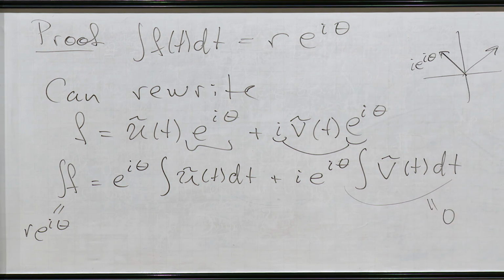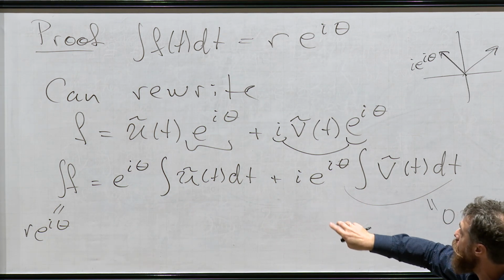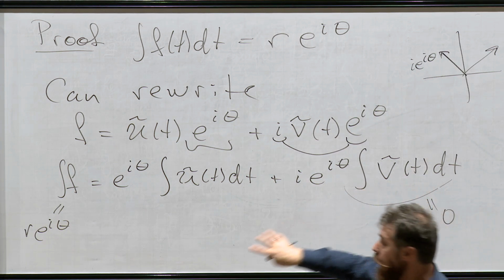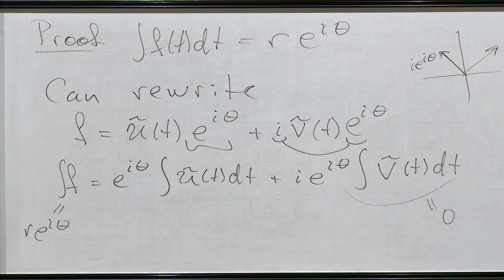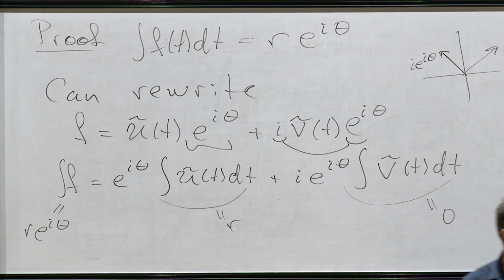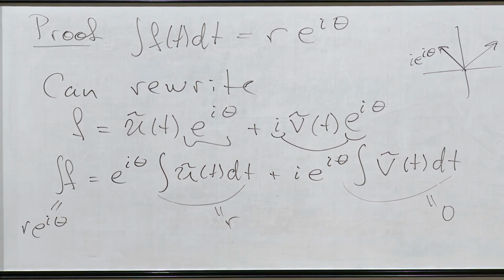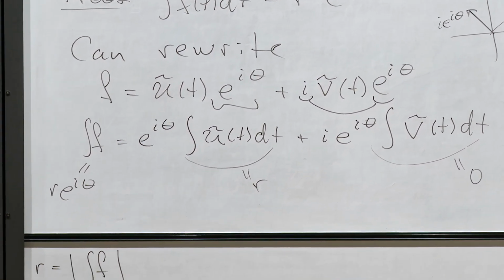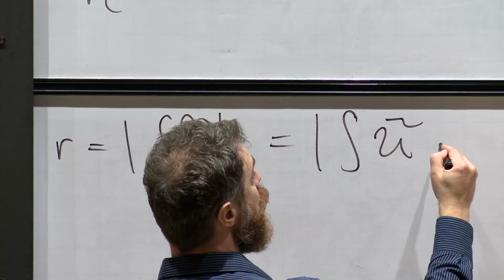So we have two orthogonal vectors. This vector with this coefficient plus this vector with this coefficient. And they are equal to r times the first vector. Then the coefficient in front of the second vector is 0. And this is r. But then, what is the modulus of the integral of f? This is r. And this is the modulus of the integral of u tilde.